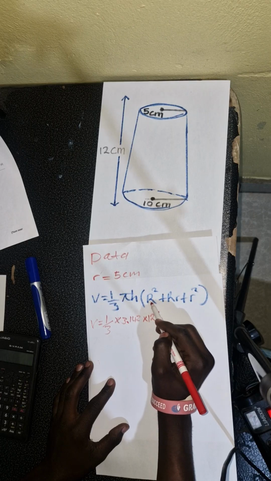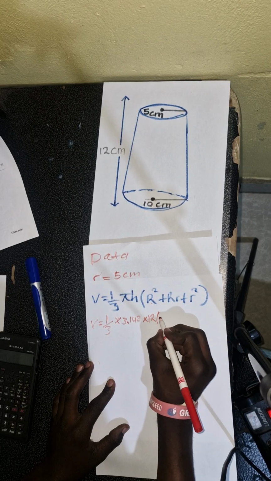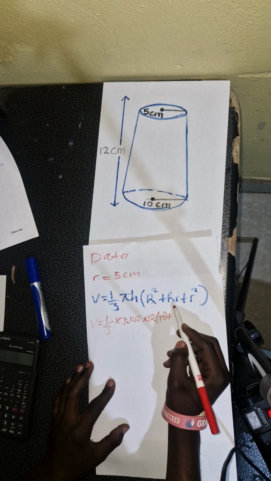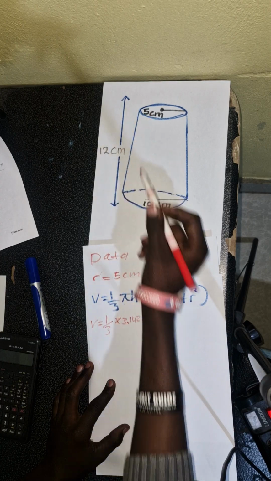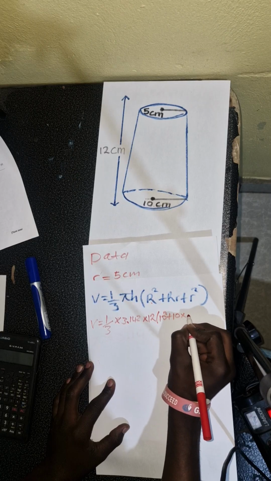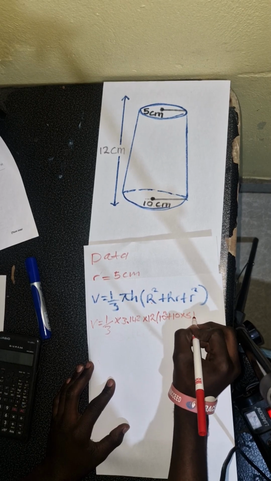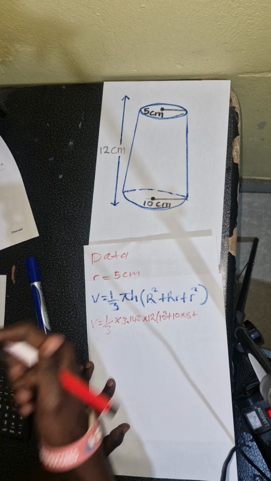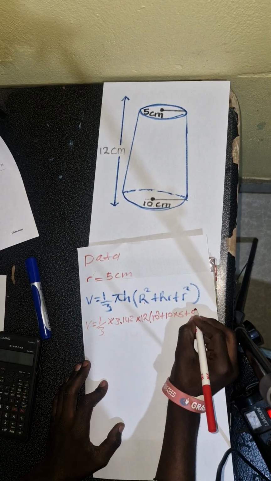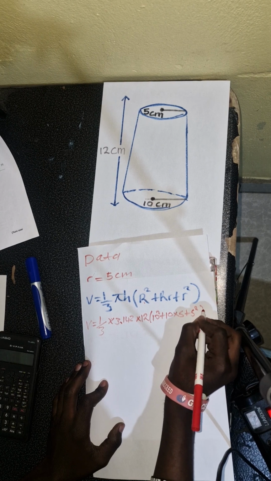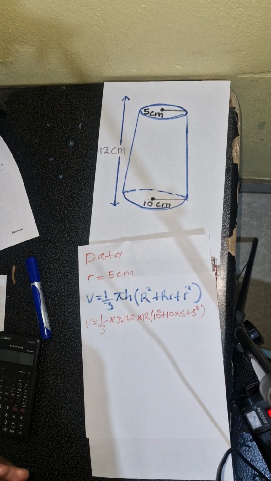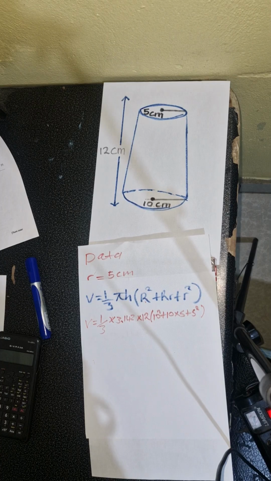Our big radius is 10, so 10 to the power 2, plus 10 times 5, plus, what was our small r? Our small radius is 5, so 5 to the power 2. Now we have this data, we can start simplifying step by step.